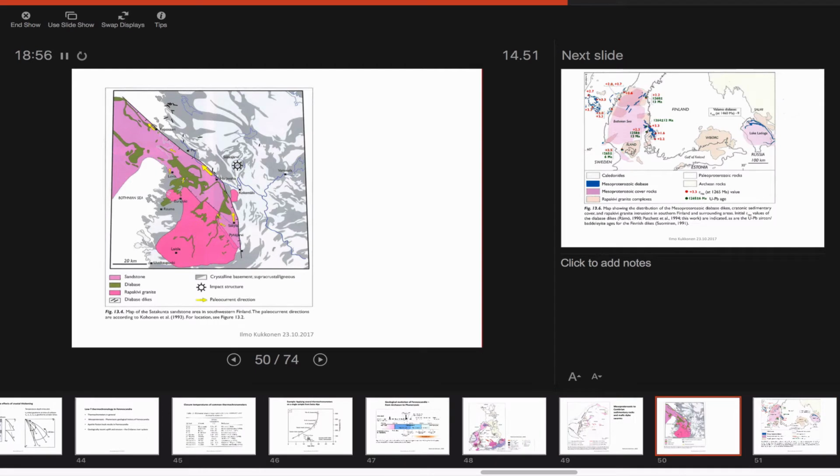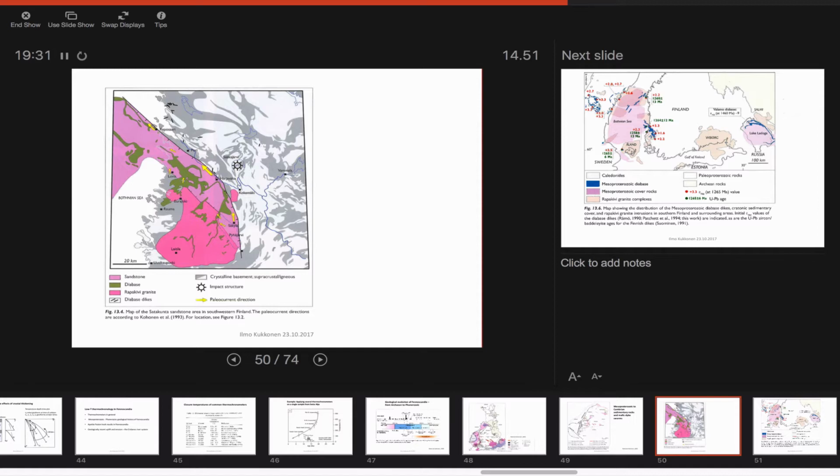Here's a detailed picture of Western Finland showing the Rapakivi granite, the Laitila batholith, and then there are the sandstones, which extend from the continent to the marine area, and are quite commonly cut by horizontal diabase sills. Very nicely recorded in reflection seismics, and also seen in outcrops in Finland and Sweden.